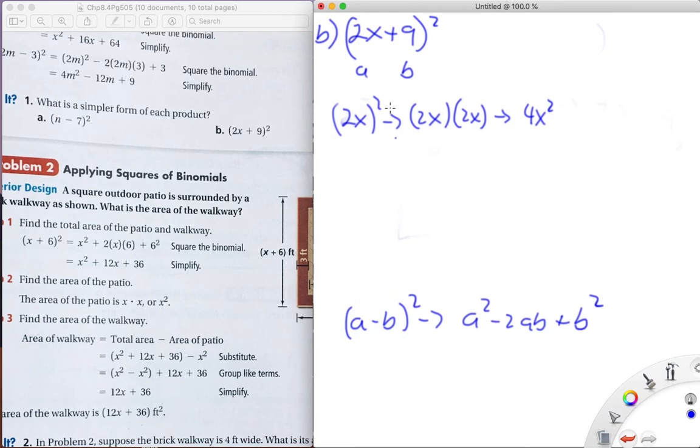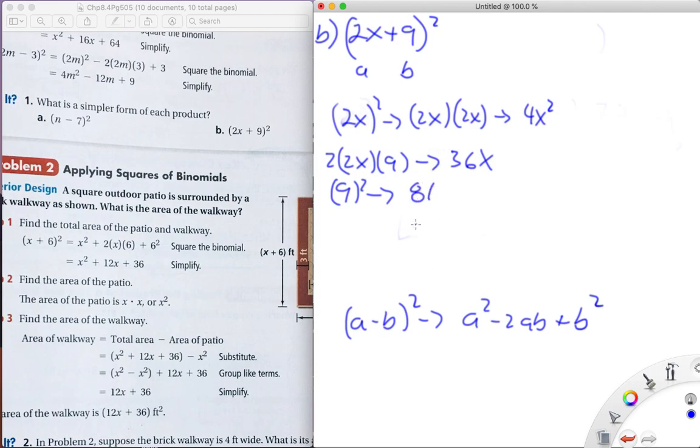My 2AB, so I'm going to have 2 times 2x times 9. 2 times 9 is 18, 2 times 2 is 4, so 4 times 9 is 36, so this is going to be 36x. And then my B squared is 9 squared, which is 81.